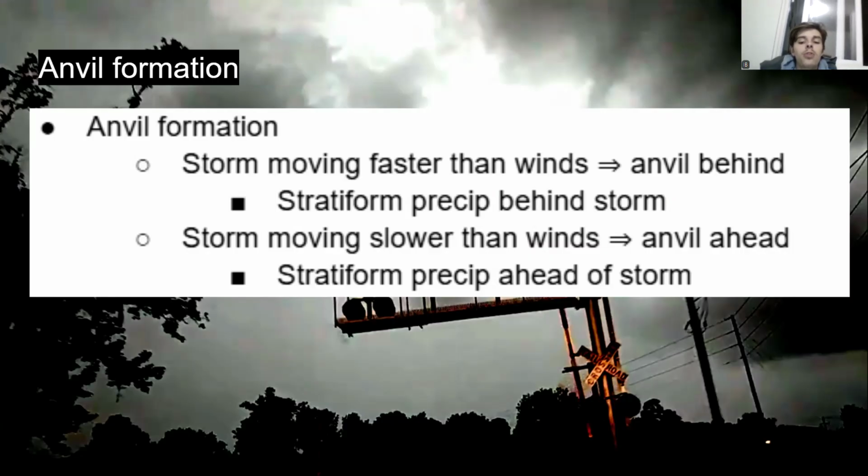If the storm moves slower than the winds that are blowing, then the anvil ends up ahead of the storm, and the stratiform precipitation is ahead of the storm, which was our leading stratiform situation, which has weaker cold pool and weaker winds. So basically, our type of squall line can be determined by how fast the storm is moving in relation to the upper level winds that there are.